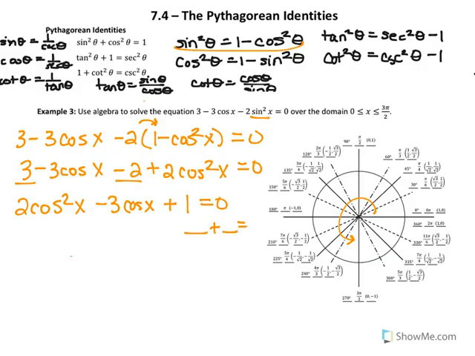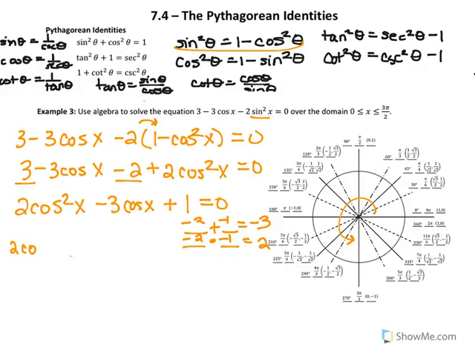Now I'm going to factor two numbers that add up to make negative 3 and multiply to get 2. Our numbers are going to be negative 2 and negative 1. Our a value is not 1, so I'm going to have to do all of the steps. So I want you to pause the video, and I want you to factor this.